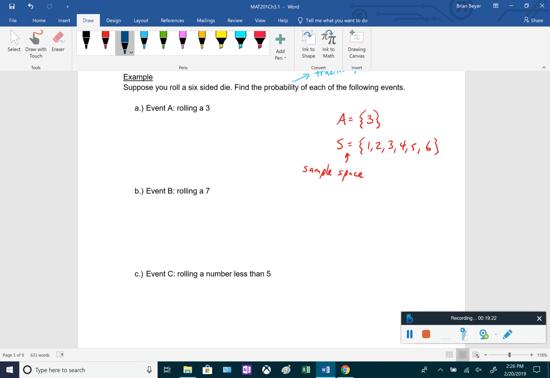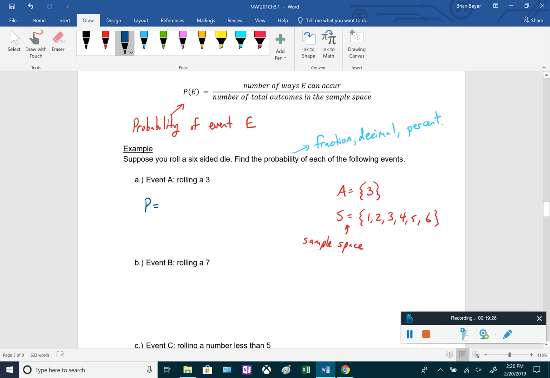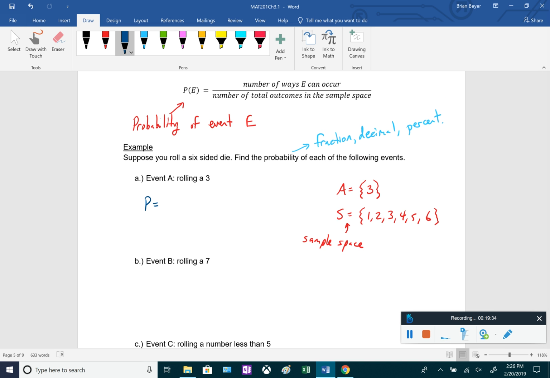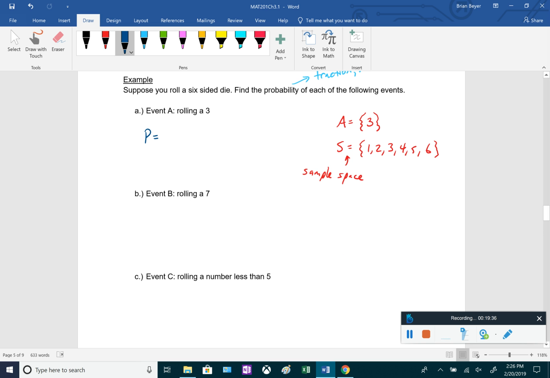Based on the definition up here, it's the number of ways event E, which in this case we're calling event A, can occur divided by the total number of outcomes in the sample space. There's only one thing in event A, and that's rolling a 3. There's 6 in the sample space, so it's 1 out of 6, which once again we probably already knew.